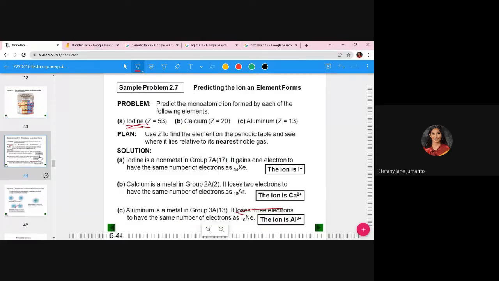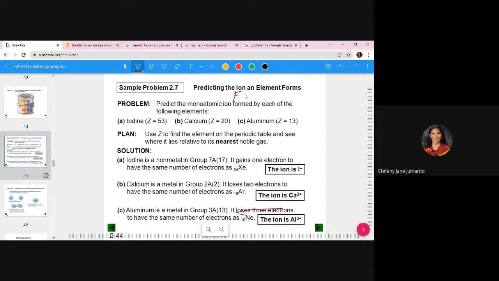All right. Now we have here: predict the monoatomic ion formed by each of the following. When we say ions, we have elements like iodine, calcium, aluminum. But when it is already charged, for example fluorine, basa na to.